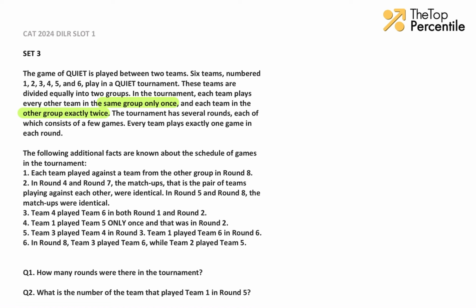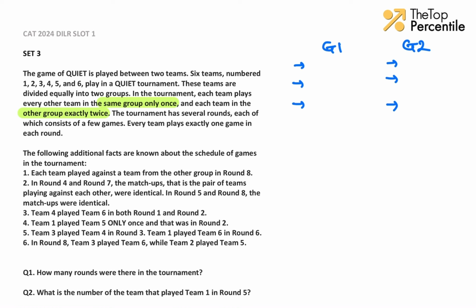Okay, so till here what the data tells us is that I have two groups, that is group 1 and group 2, and I have three teams in group 1. I have three teams in group 2. Okay, and these teams play amongst each other in their respective group once, and they play twice with the different group teams.